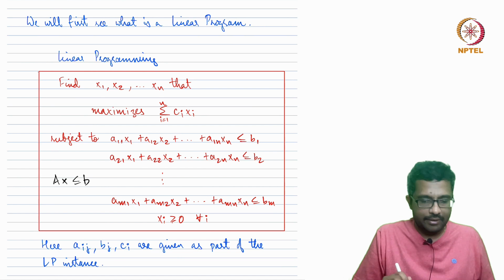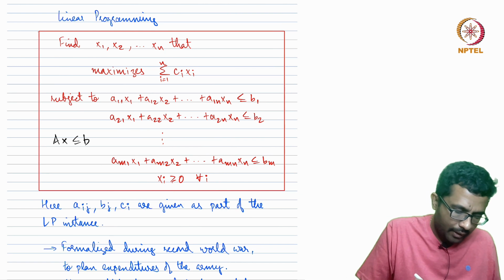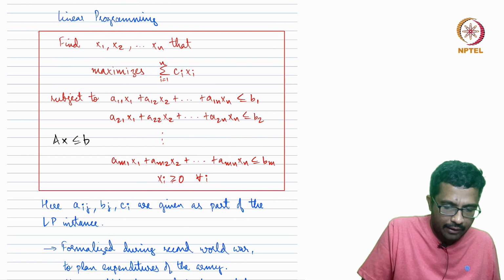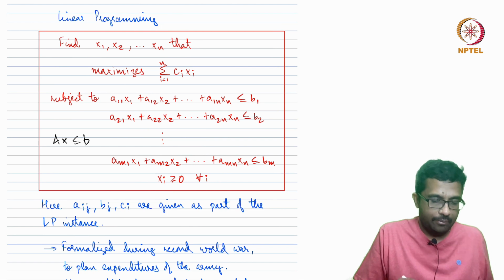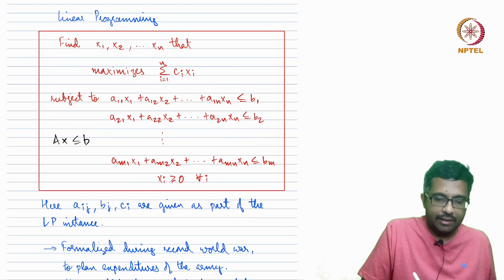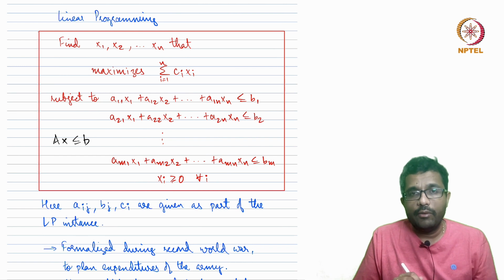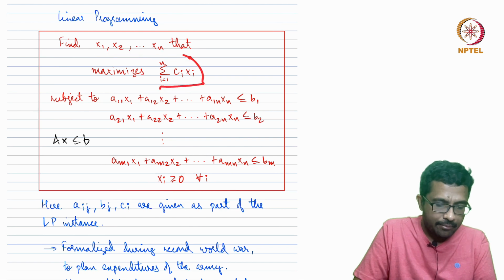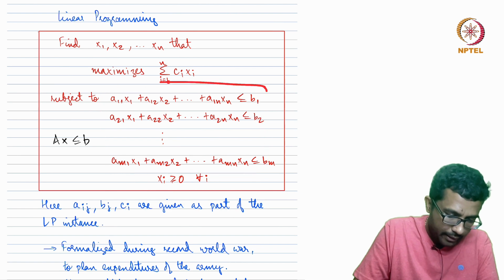The point is, given this matrix A, the vector b and the vector c, by that I mean the entire coefficient matrix A, the entire vector b and the entire vector c, we want to determine the xi's, x1 to xn, that maximize this sum satisfying this entire criteria.